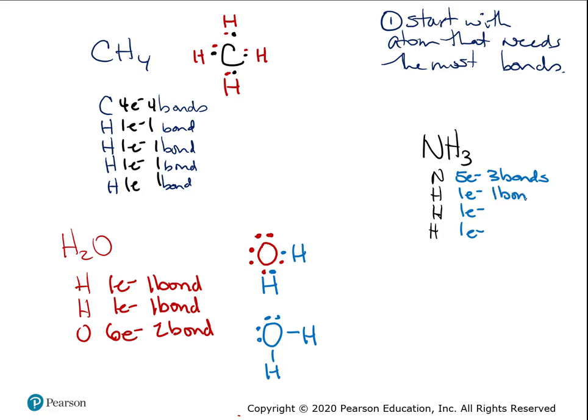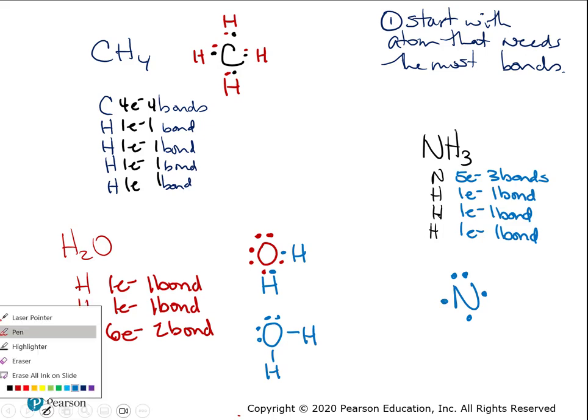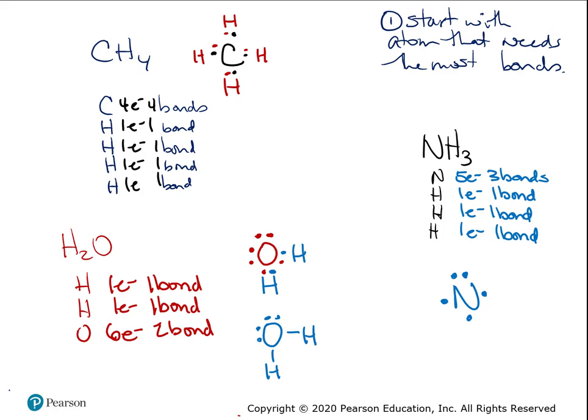Hydrogen's only ever 1 and 1. So which do you start with? The nitrogen. 1, 2, 3, 4, 5. I put the 5 valence electrons down for the nitrogen. Now I'm going to add the hydrogens, because those are the only ones I have left. So I add a hydrogen here, hydrogen here, hydrogen here, creating a pair between them.